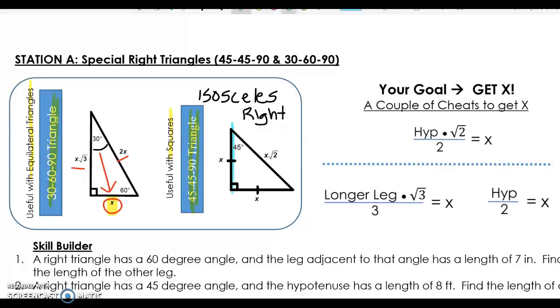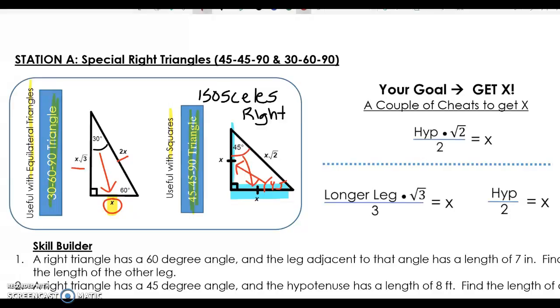We have the two legs being congruent legs for your triangle, and then the two angles that it's across from. In this case, we have the 45 degrees across from this side length, and then the other angle is going to have to be 45 as well for all the angles to add up to 90, and that's across from the other side length. So this is why we call this an isosceles right triangle.